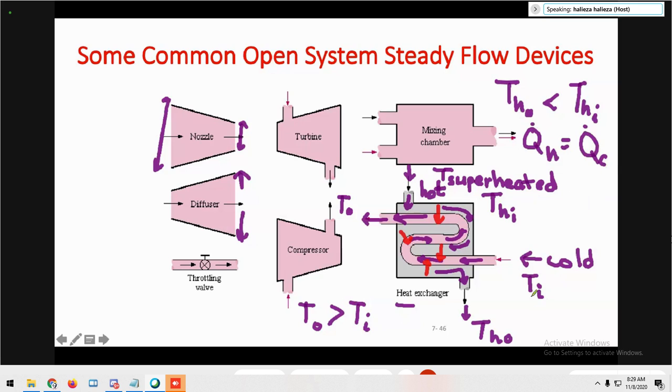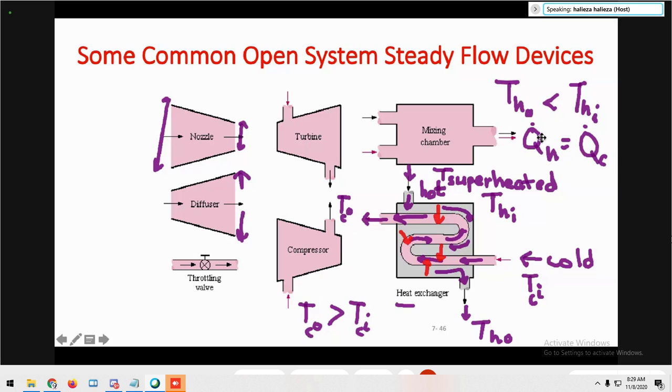Let me write C there for the cold fluid. I'm having difficulty trying to write using PowerPoint. So this should be the cold fluid: T cold out, T cold in. The heat from the hot fluid will be transferred to the cold fluid.